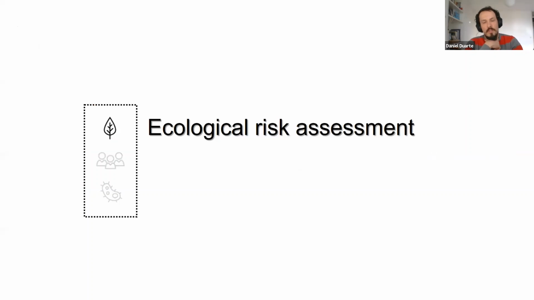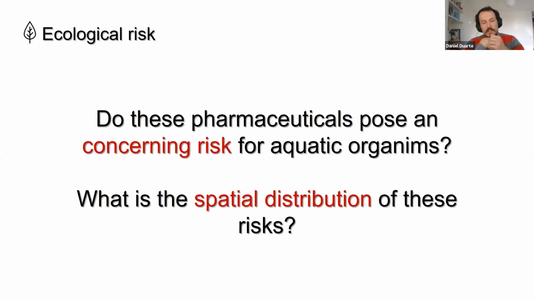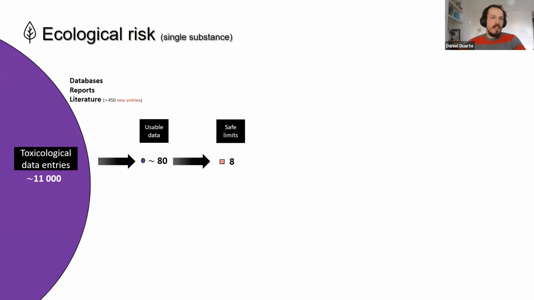Basically, we try to answer two simple questions. Do these pharmaceuticals pose a concerning risk for aquatic organisms, and what is the spatial distribution of these risks? Here in the corner, just to remind you how we calculate the risks. In the first step, we had to come up with the safe limits for each pharmaceutical.